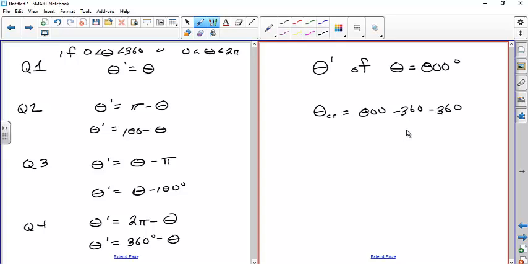Subtract again: 800 minus 720, which is 80 degrees. That's a coterminal angle, now between 0 and 360, and it's in quadrant 1. So theta prime is equal to 80 degrees. Use the appropriate formula depending upon the quadrant. The first step is to get it coterminal.